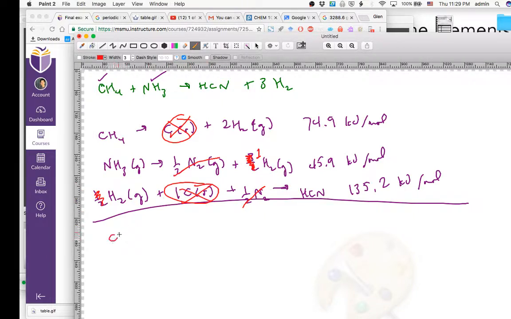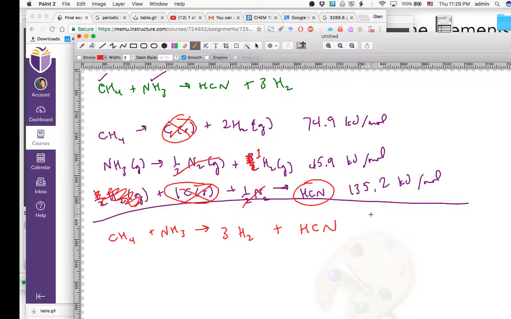So the final sum is CH4 and NH3. Oh, I'm sorry, this 1/2 of H2 is crossed out. All right, so it makes 2 H2s. Oh, no. It looks like it makes 3 H2s because there's 2 here and 1 here. So 3 H2s plus an HCN. And that's it. The red equation matches the green equation.